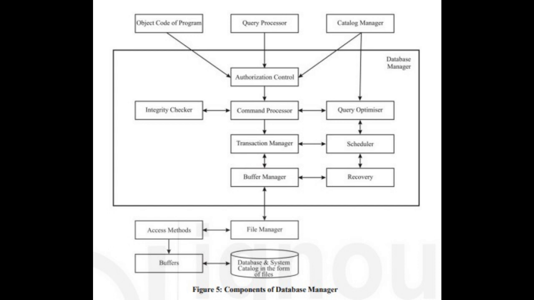Recovery manager is responsible for recovery of a database system to a consistent state in case of a failure. Buffer manager optimizes the process of transfer of data between main memory and the disk where database is stored. The buffer manager is also termed as the cache manager. Figure 5. Components of database manager. Look at the screen.